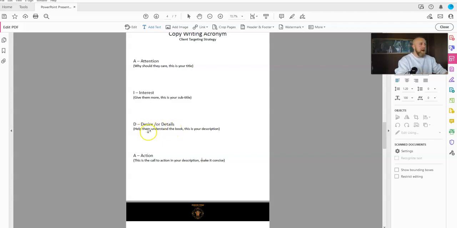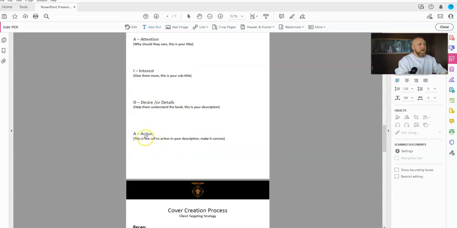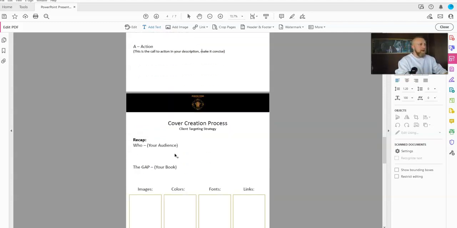And like I said, guys, I have a training on this. And then right at the very end of your description, you want to have a very clear and concise call to action that literally takes your customer by the hand and shows them how to buy your book, right? But ensure that you don't break any Amazon policies with your call to action. Amazon does have policy around this, so just do a Google search to find out what their policy is there.